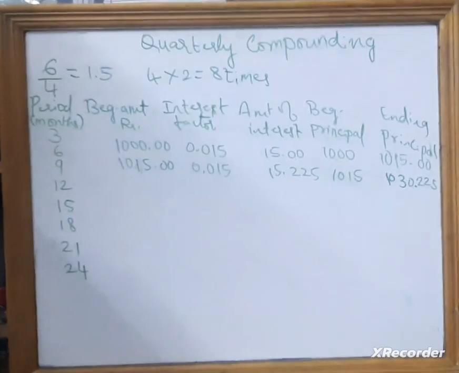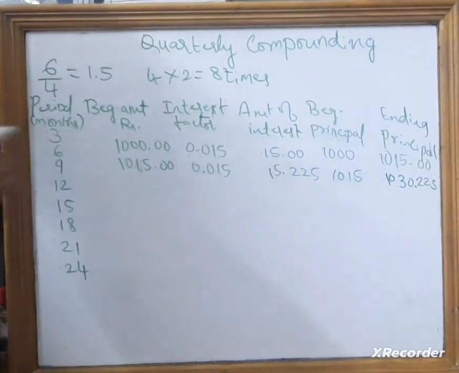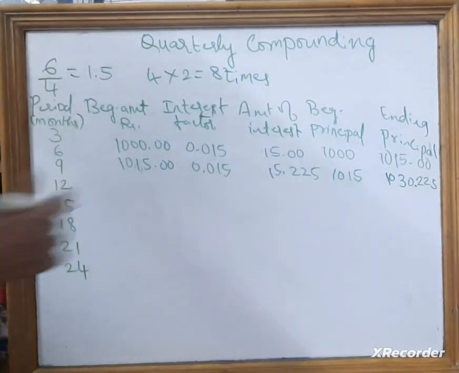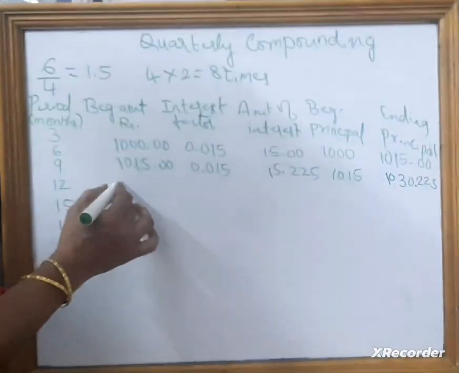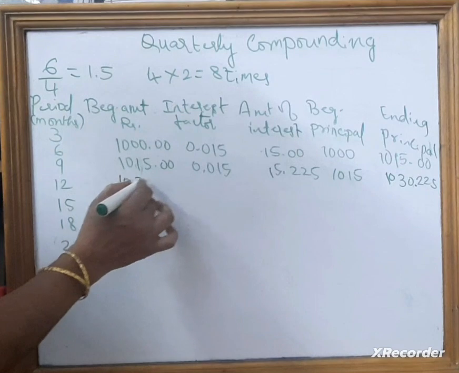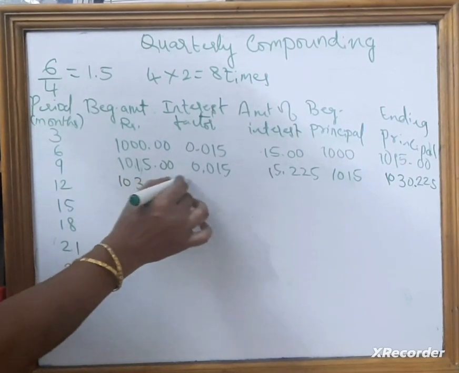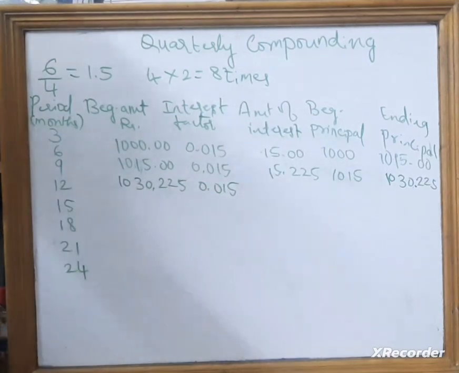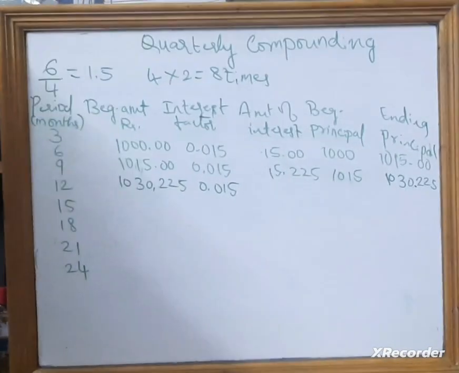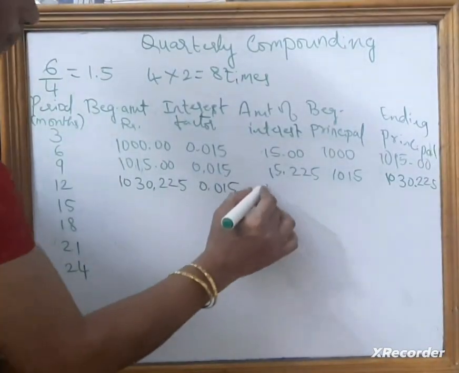So in the beginning of the 7th month, what is the beginning principal? 1030.225. Interest is the same. Interest of 1.5% on 1030.225 is 15.453.